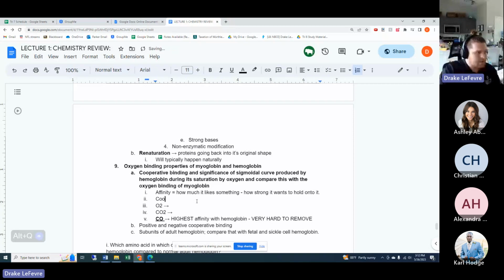Okay, so we talk about cooperative binding. Anybody have any idea what we're referring to when we talk about cooperative binding?